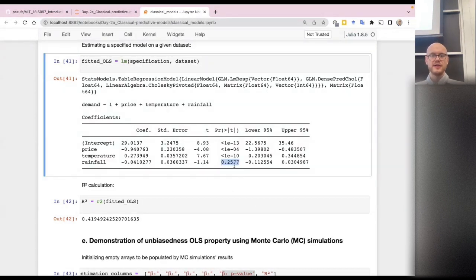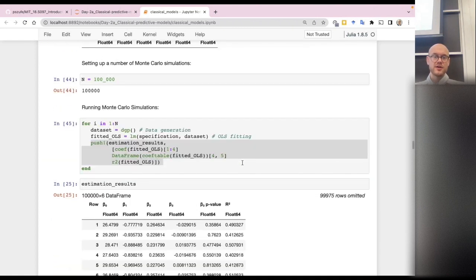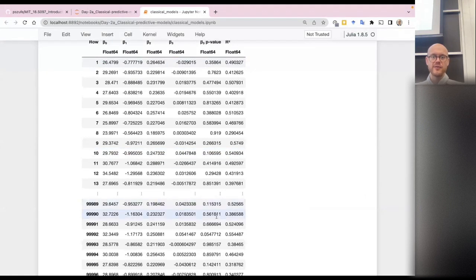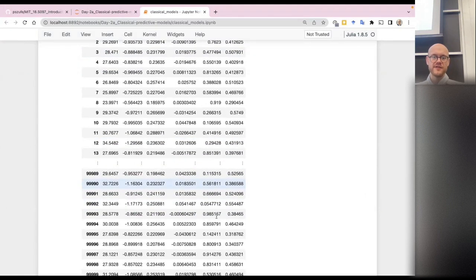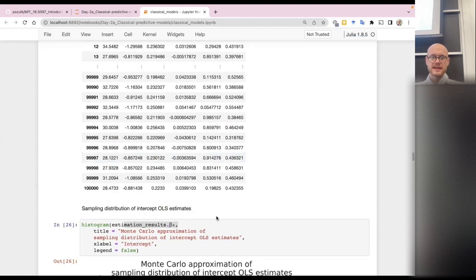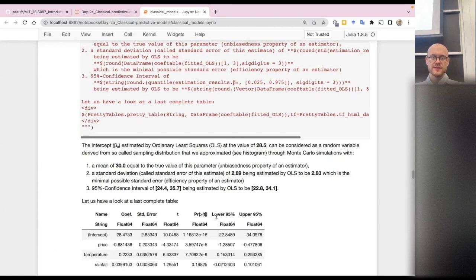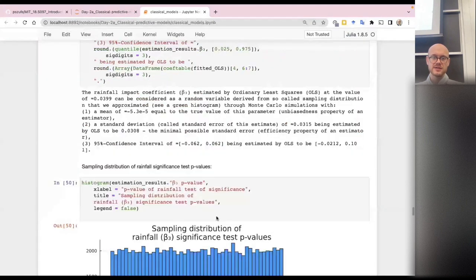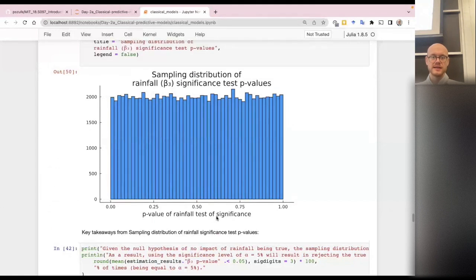In our single data set, it was 0.25. So we could conclude that rainfall is not significant, which is correct. Also here we have seen this p-value above 1/10. So all those examples provided us with the correct decision regarding the significance of rainfall impact on demand.